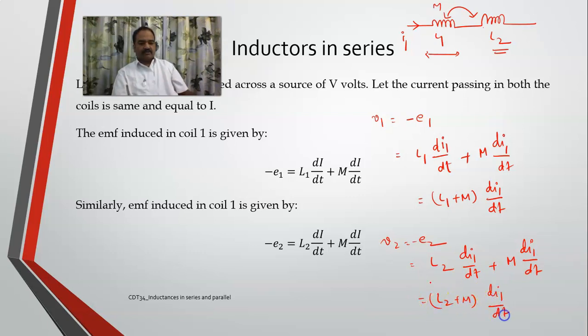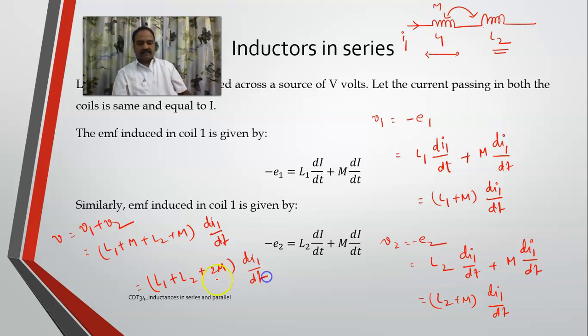So if I join these two, V1 plus V2, since this is equal to V, what I will get is L1 plus M plus L2 plus M, times di1 by dt, which is nothing but my effective inductance, L1 plus L2 plus 2M. This is my effective inductance when two coils are connected in series.